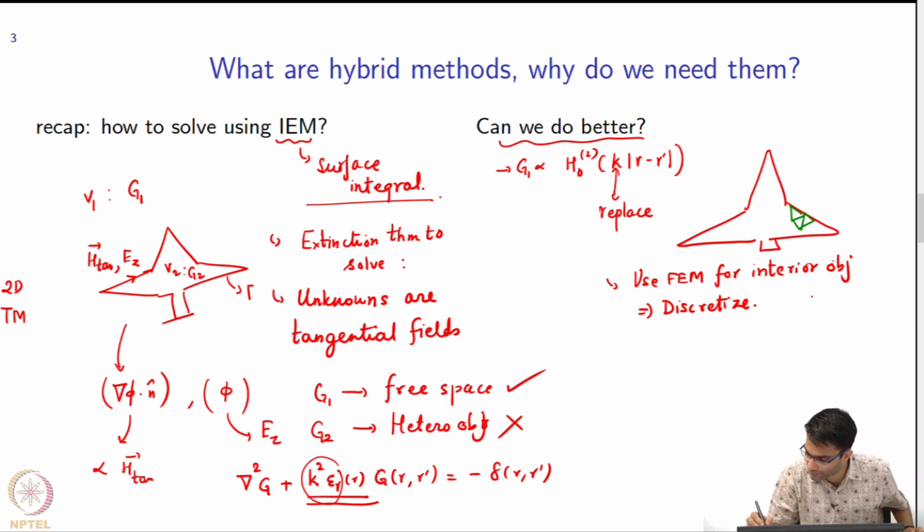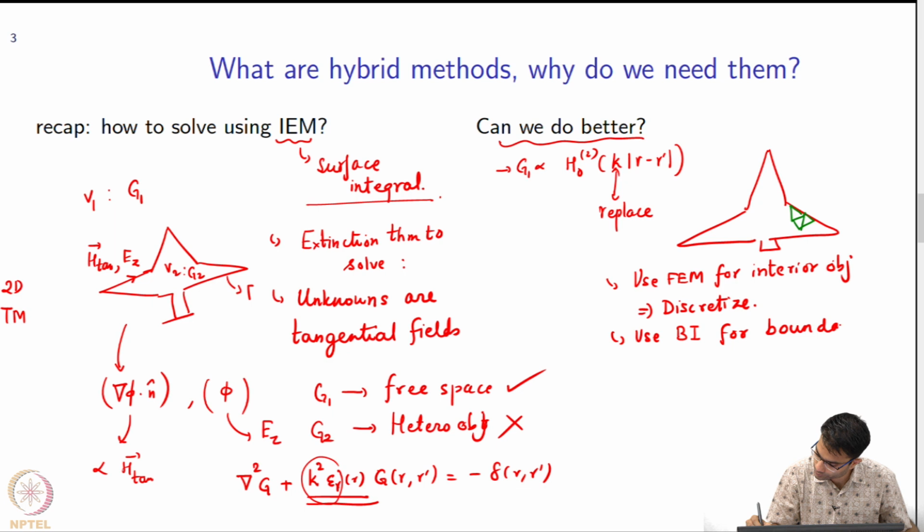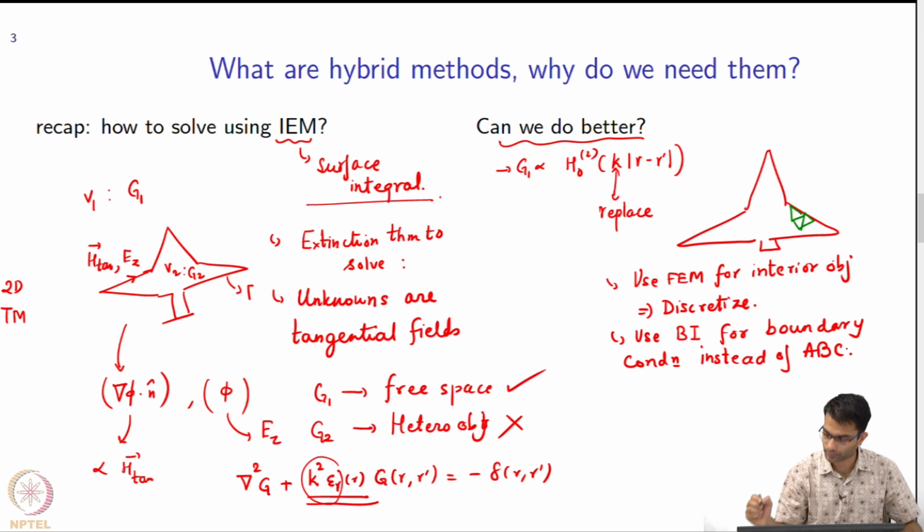So use FEM for the interior objects and, instead of calling it surface integral, the literature calls it BI, boundary integral. Use boundary integral for boundary conditions instead of ABC. That's going to be our approach at the high level.